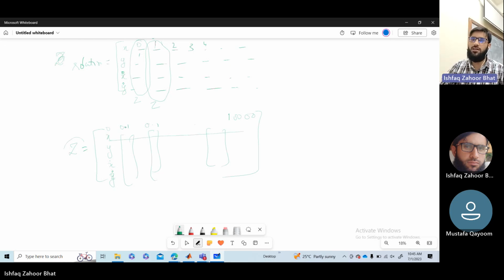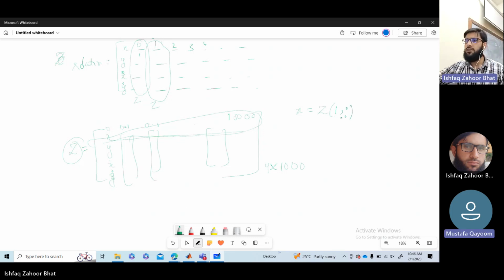So what will be the dimensions of this Z? It will be 4 cross 1000. And if you want only X, where is X? It is the first row. So X will be equal to Z of 1 comma colon.